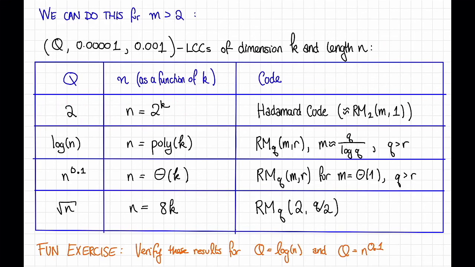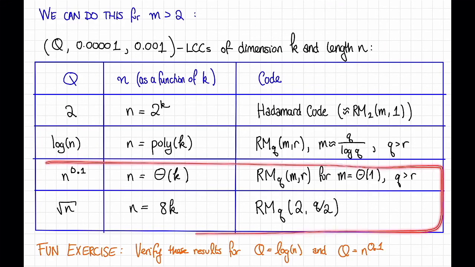For q=3, actually, we do have better constructions of locally decodable codes, although, to the best of my knowledge, not locally correctable codes. For q=log n, in this parameter regime, actually, Reed-Muller codes are the best construction we know of locally correctable codes with query complexity big O of log n. It's a very interesting open question if one can do better.